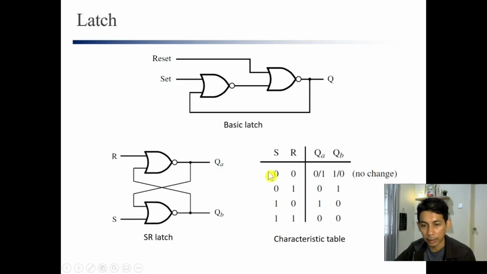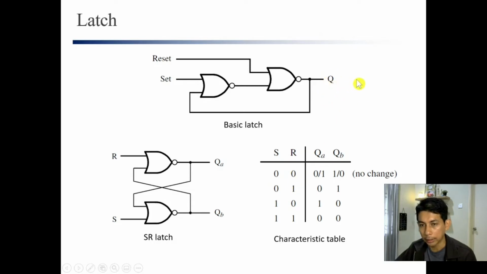This is the characteristic truth table. When the values of S and R are 0, 0, the output will not change. Not changing means memory. If the input is 0, 0 and the previous Q is equal to 0, it will remain 0. But if the previous value of the output is 1, and nothing happens at S and R, it will remain 1.